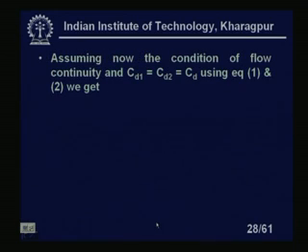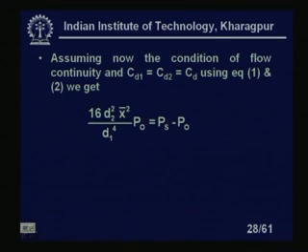Now, I will assume the condition of flow continuity, that means F1 equals F2. Moreover, we assume the two discharge coefficients are the same, even though there are a lot of assumptions, for simplification of our calculation.